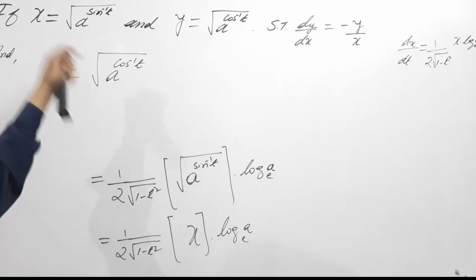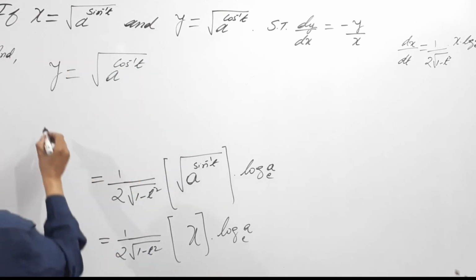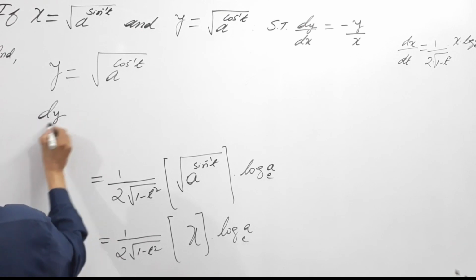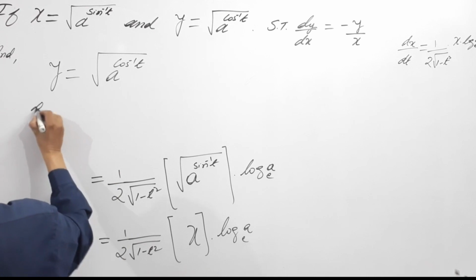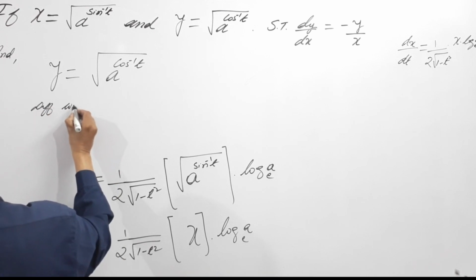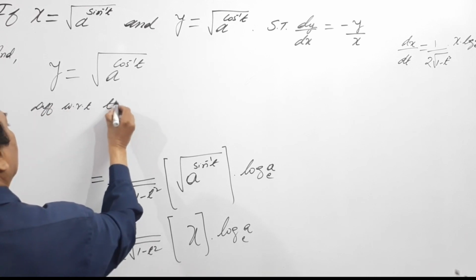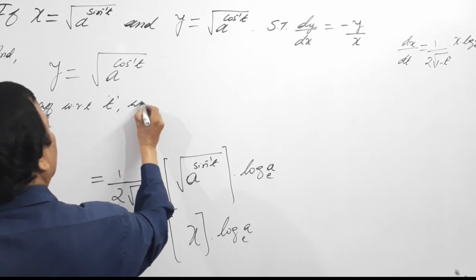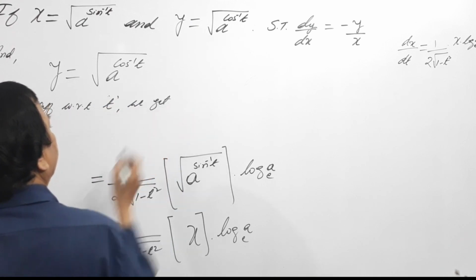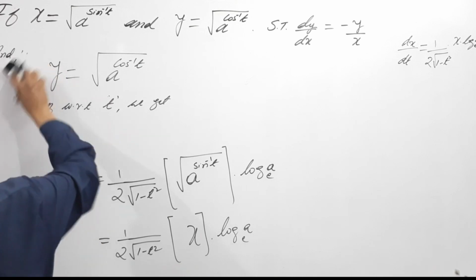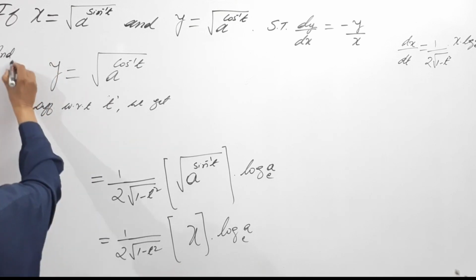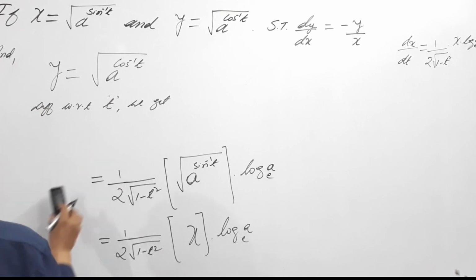Do this problem on similar grounds only. Now this will be dy by, I will write this, differentiating with respect to t, we get, I will write here, and I will write this one line.